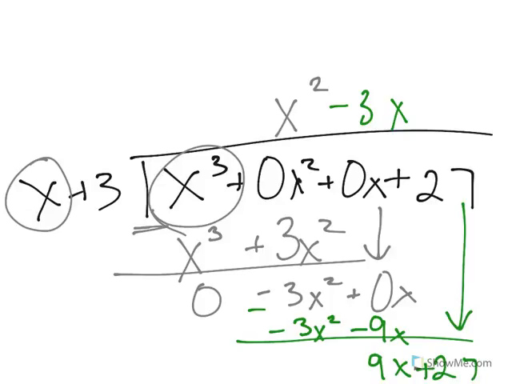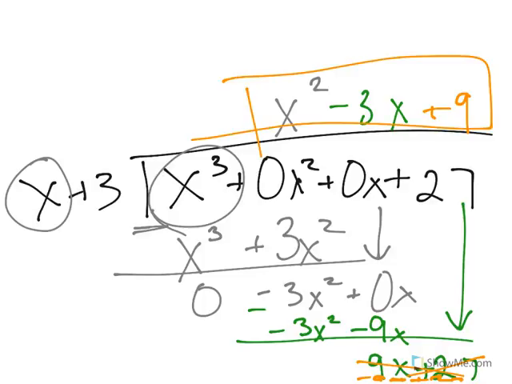Now what do we need to multiply x by to get negative 3x squared? Well, that's negative 3x. If we distribute, we get negative 3x squared minus 9x, and we subtract this, and you get 9x, and we bring down the plus 27. What do we multiply x by to get 9x plus 27? Well, x to get 9x is just 9. If we multiply that times x plus 3, you get exactly 9x plus 27, and so we subtract them and we get 0.